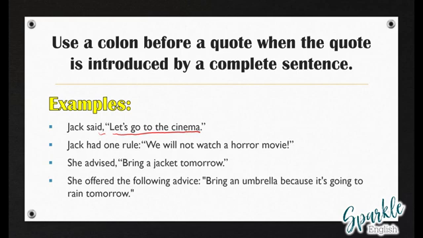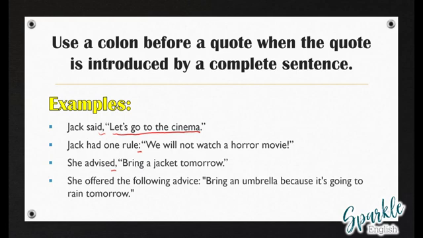But in the second one, it's a complete sentence. Jack had one rule: we will not watch a horror movie. So in this case, we would use a colon because this is a complete sentence. She advised, bring a jacket tomorrow. Again, we can use a comma here and not a colon because she advised does not work all by itself.